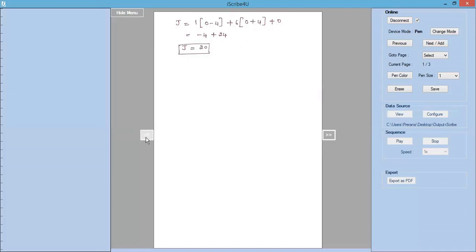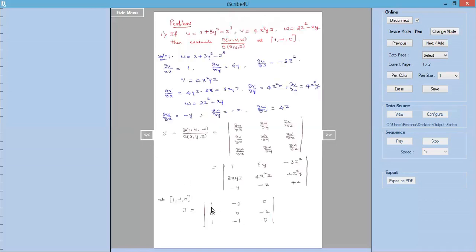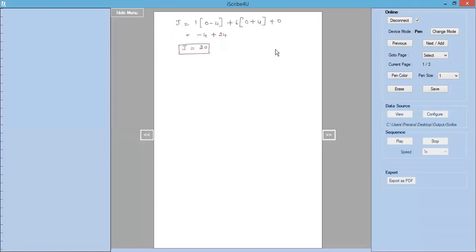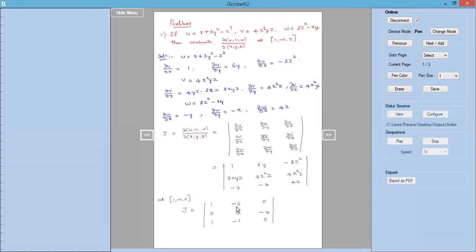I'll just explain the expansion of this 3 cross 3 determinant for you. So 1 into, we leave the first row and the first column, and it's a product of 0 into 0 minus of (−4 into −1), which gives us the first term here. Then we have minus of −6. When we expand the determinant, we assign plus, minus, plus.